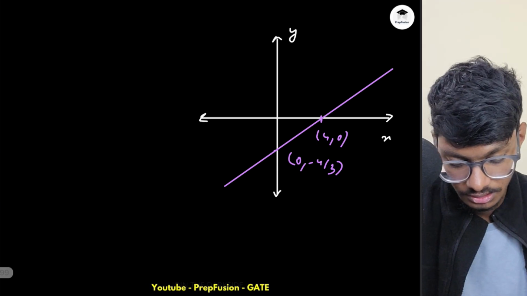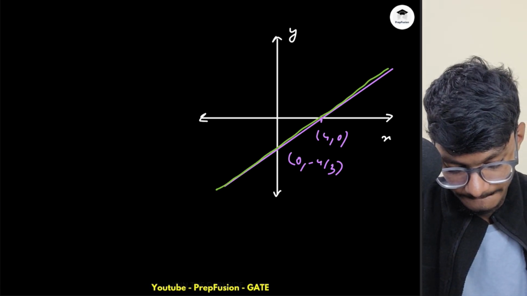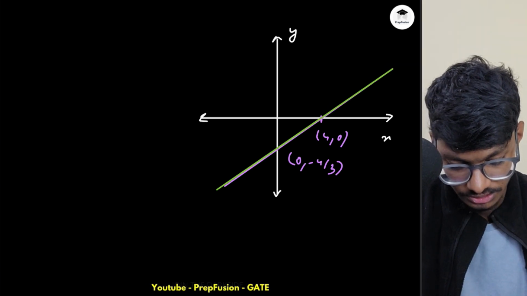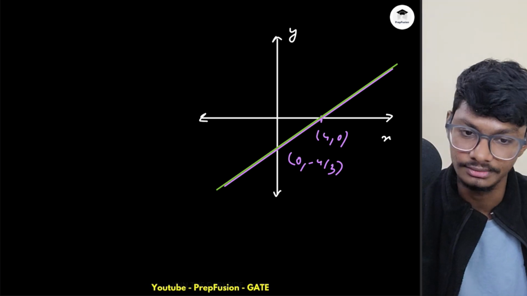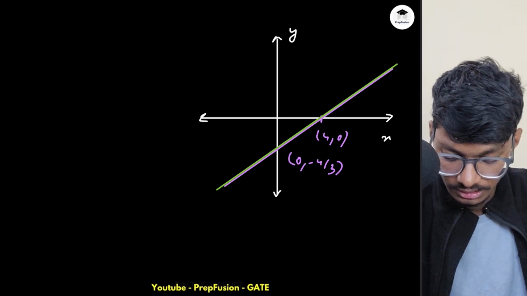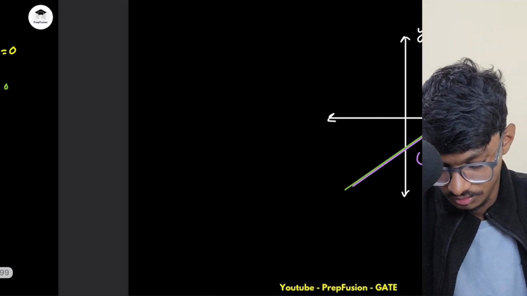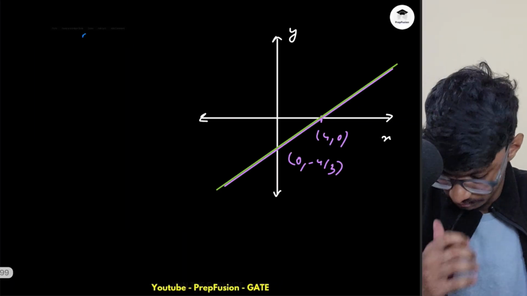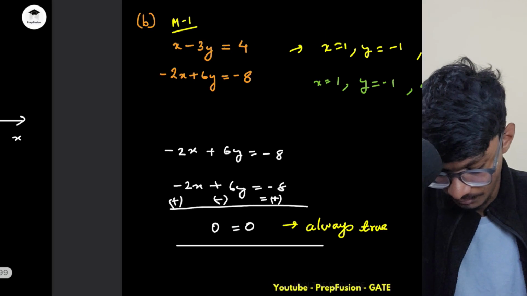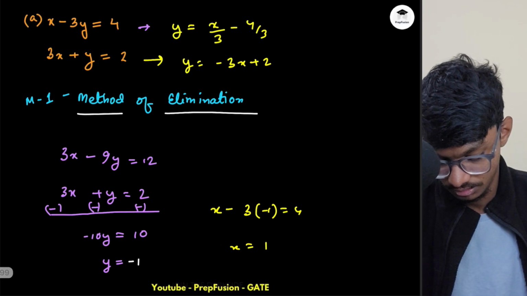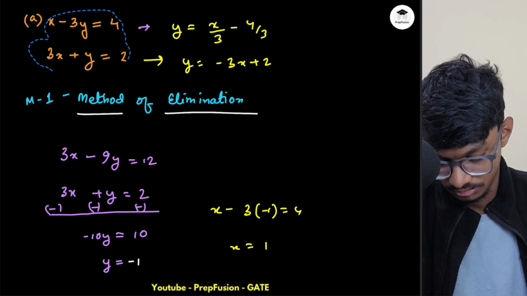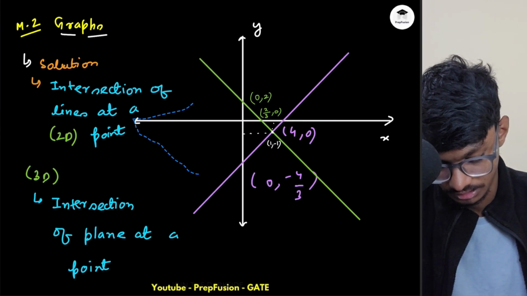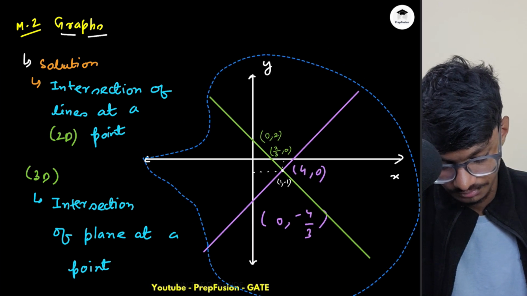So again, I shouldn't draw it exactly here. What I should do is draw it in front of this. Let me color these things, else you will not be able to understand. Let me make this graph at the bottom.